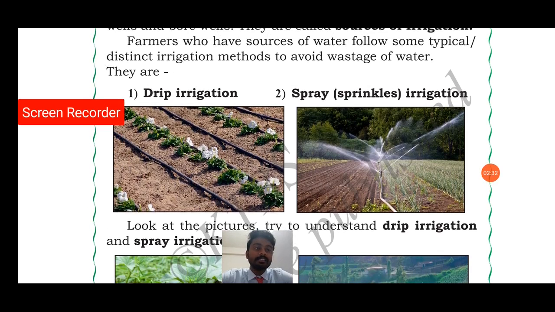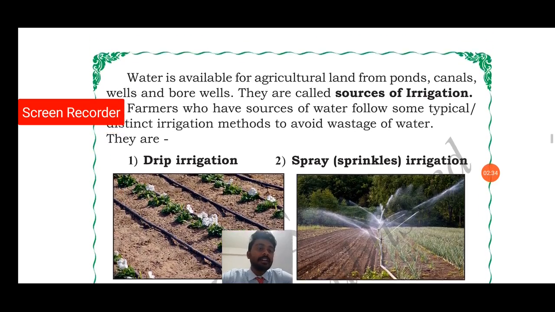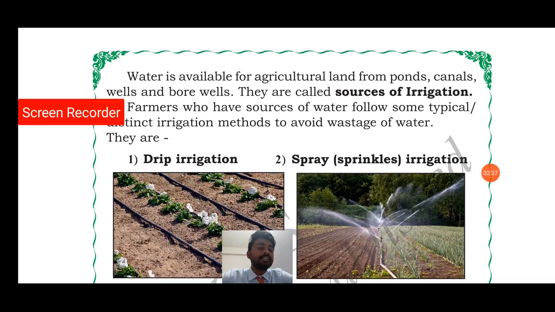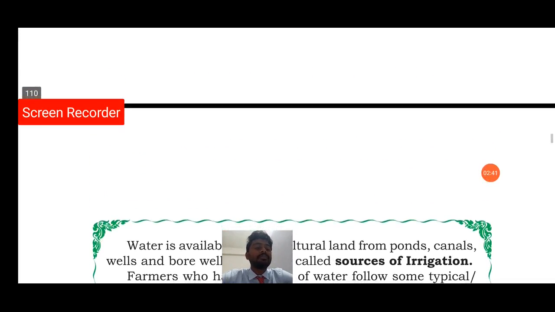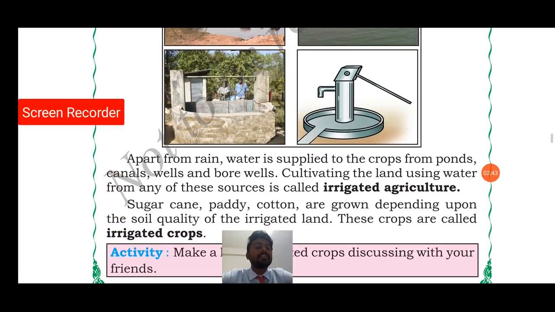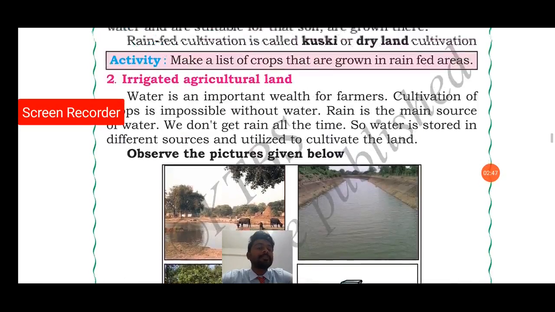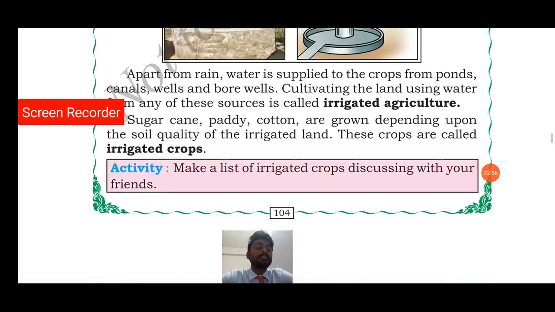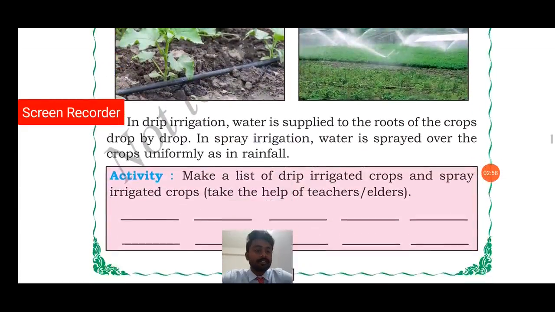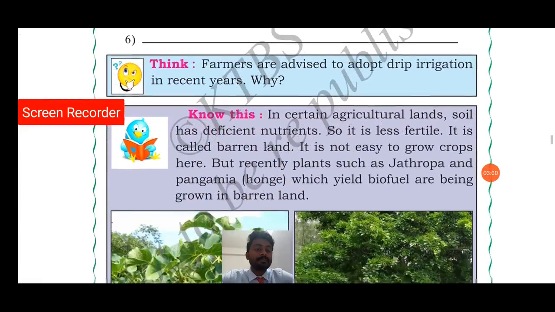We already discussed these two, and also the sources of irrigation, irrigated agricultural land and irrigated crops. Yes or no? Okay, so this is about today's class. I will continue in the next class. Thank you.